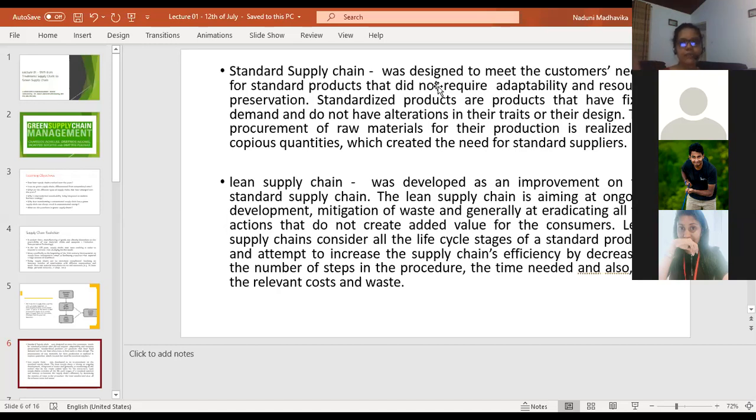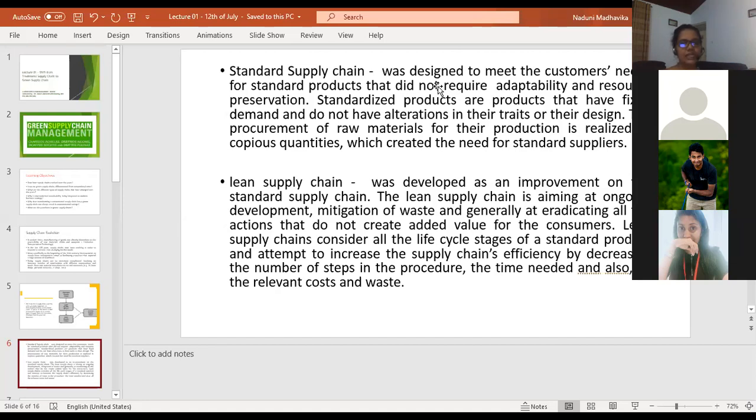By eliminating those steps, they try to mitigate the waste. So if there is a step in the supply chain that doesn't add value from the perspective of your consumers, it simply means it's an additional cost for the supply chain. So why do you want to keep that step in the supply chain?